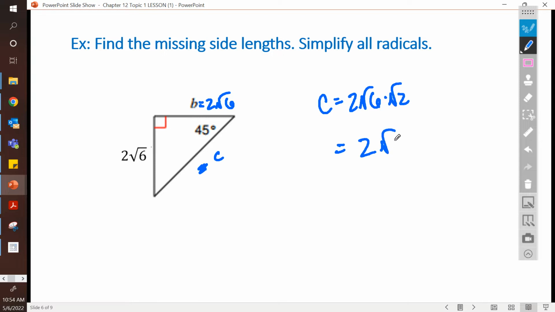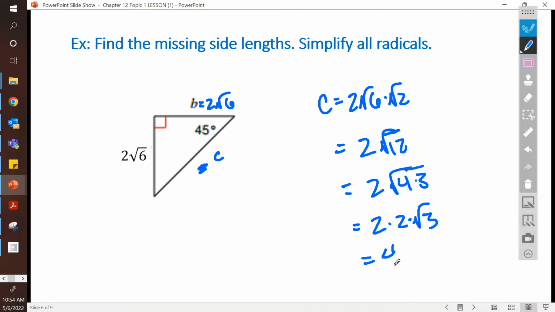So we get 2 square root of 12, which is 2 times the square root of 4 times 3, which is 2 times 2 times the square root of 3, which is 4 times the square root of 3. So our hypotenuse here is 4 square root of 3 for this example.